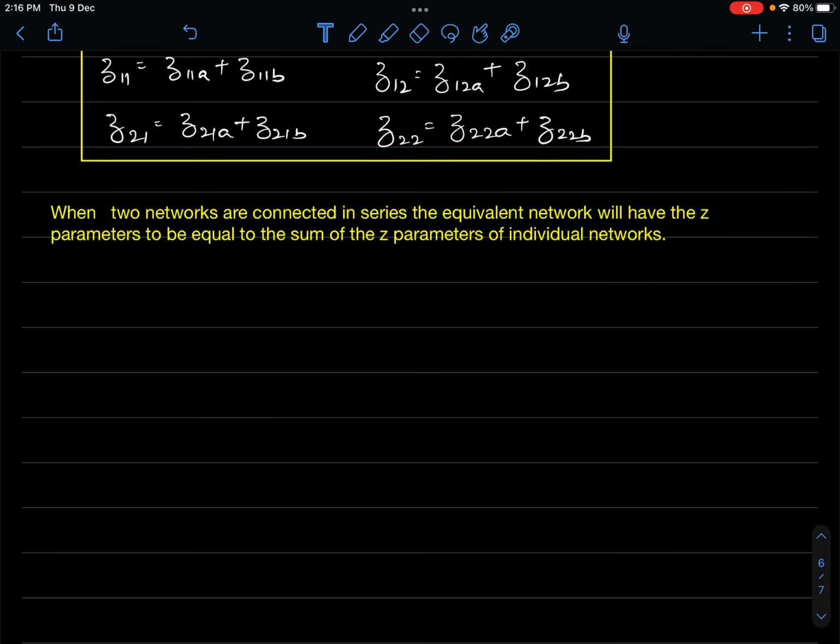At last, I could type. So what I mean is, when two networks are connected in series, the equivalent network will have Z parameters equal to the sum of the Z parameters of the individual networks.